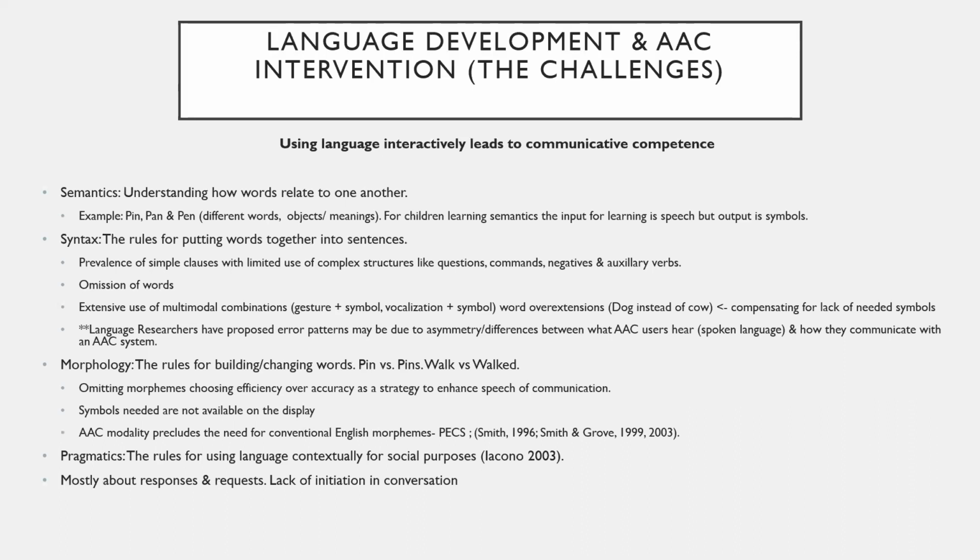There was a study done that specifically looked at PECS. With the PECS system, there aren't a lot of opportunities to utilize morphemes. That's not what the system is used for, and that's not what it's about.